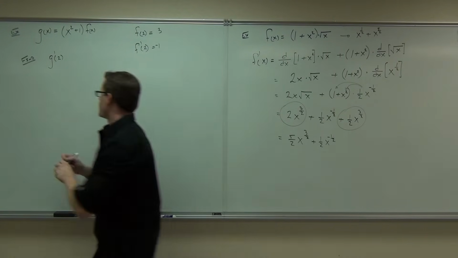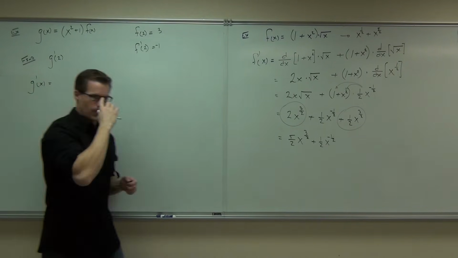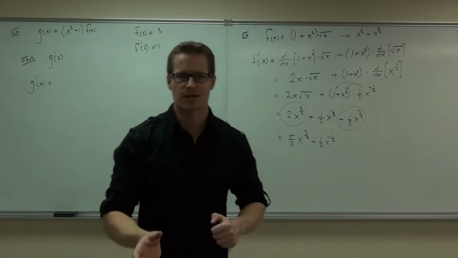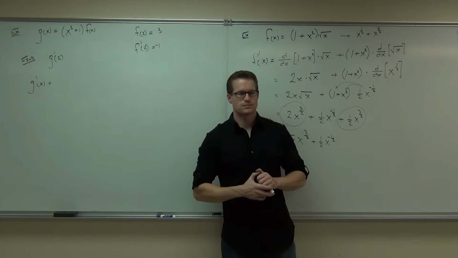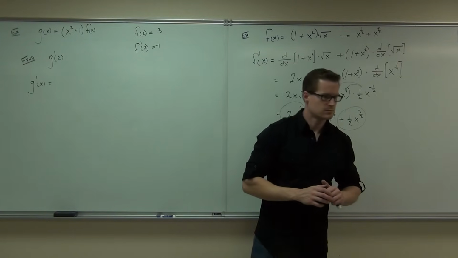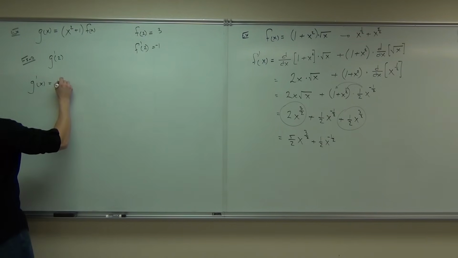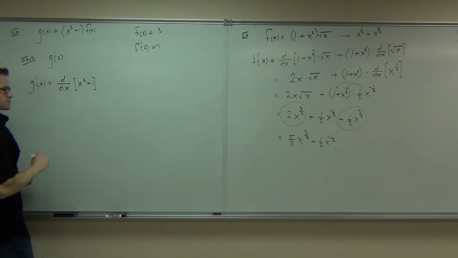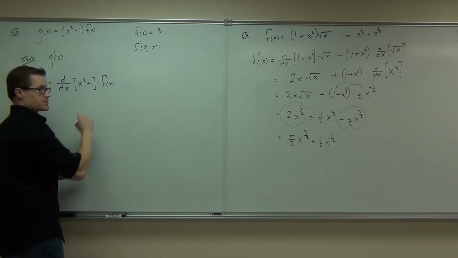Follow the product rule. I want you to find g prime of x. Derivative of the first times the second, plus the first times the derivative of the second. Just write it out. Derivative of the first times the second, yes?